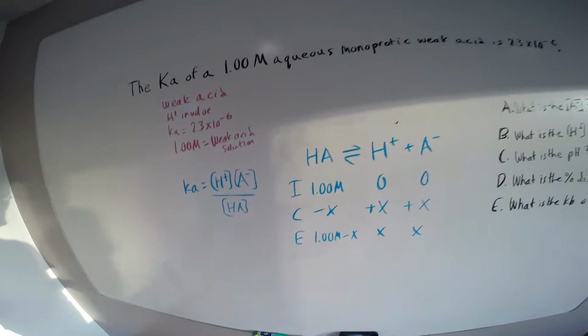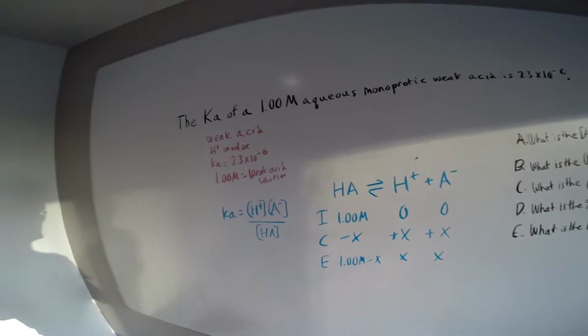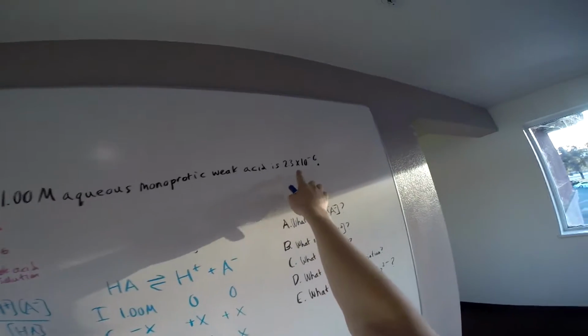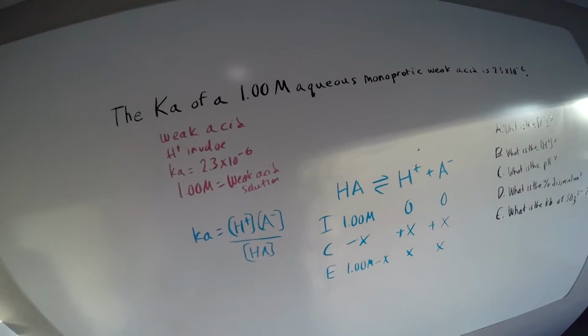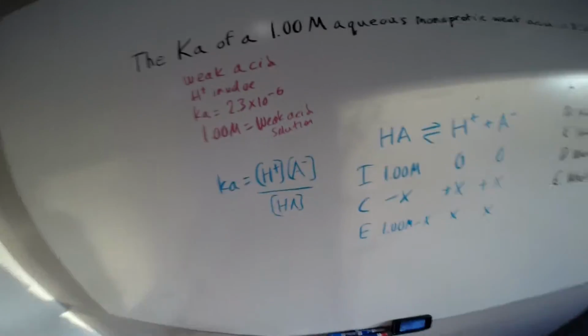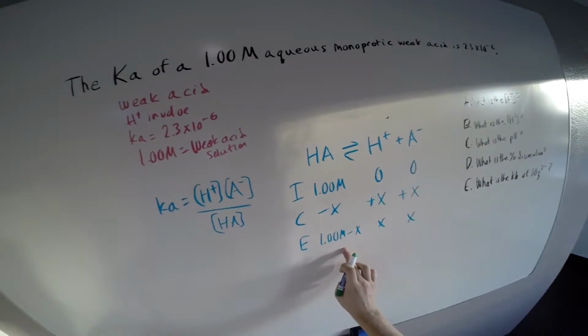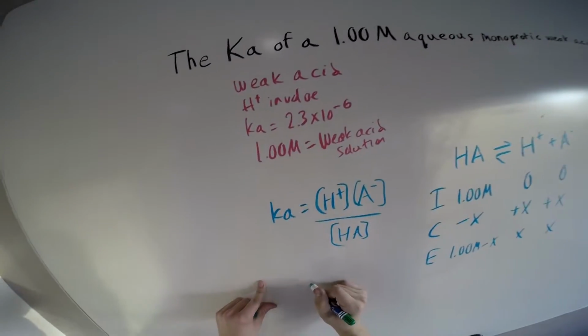So we have our numbers here for our concentrations, and we have our Ka up here. So we can actually fill this in. I'm going to fill in with a different color. Let's do green.